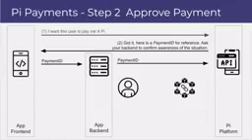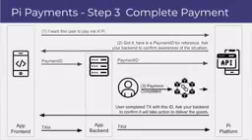Now, the next step is payment completion, and this is where the user flow becomes interactive. This is where the user gets to either use Face ID or fingerprint or manually type their passphrase to sign the transaction.